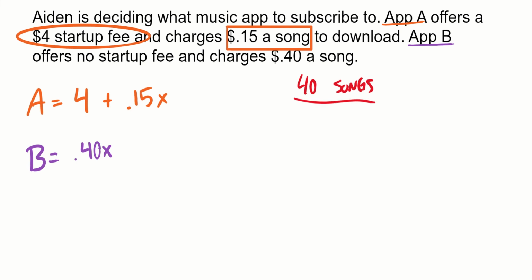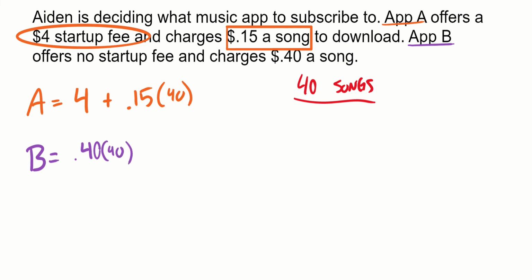Well, I can solve that by plugging 40 into both of my x's here. So A would become 0.15 times 40, and B would become 0.40 times 40. So I do this math here.